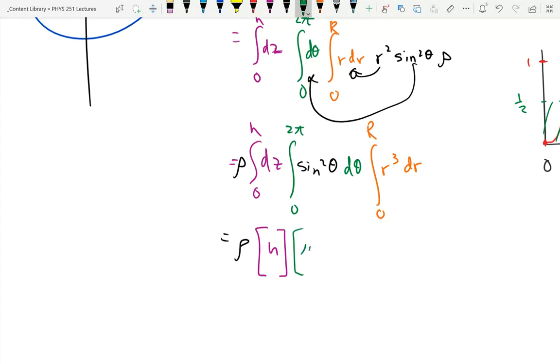And then we have the integral of r cubed dr. Well, we already did that. So capital R to the 4th over 4. Now, how is that different than what we just did?